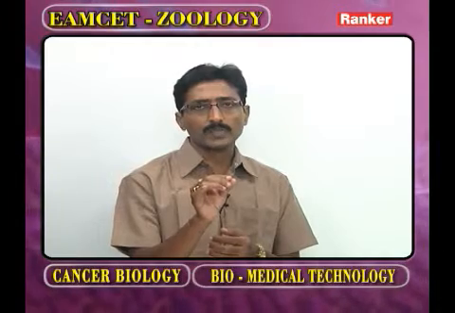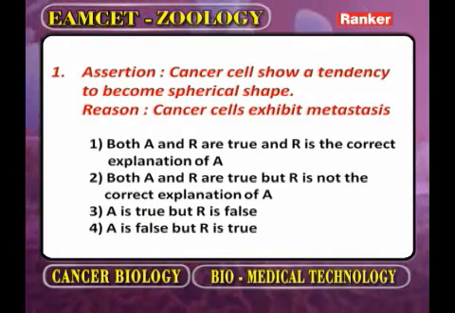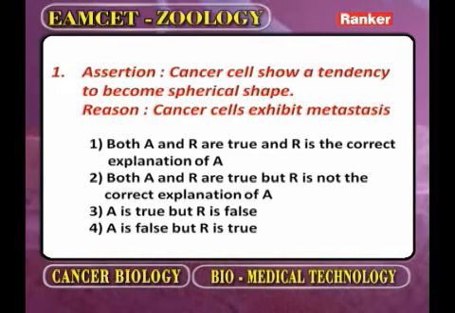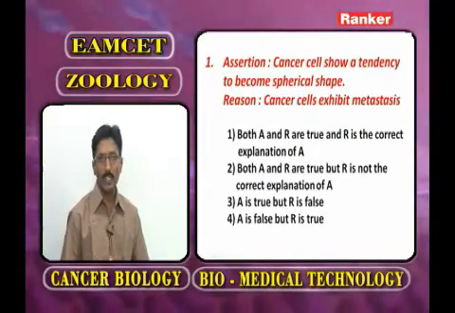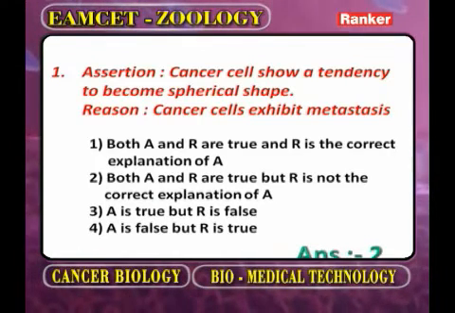Due to the lesser number of microfilaments. So based on this information, the cancer cell shows a tendency to become spherical shape, the assertion is correct. The malignant tumor cells exhibit metastasis. So A and R are correct, but R is not the correct explanation of A.